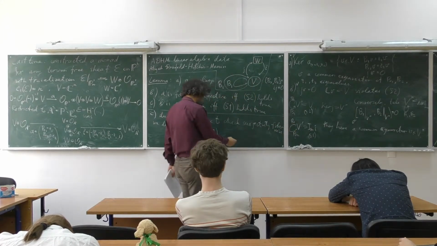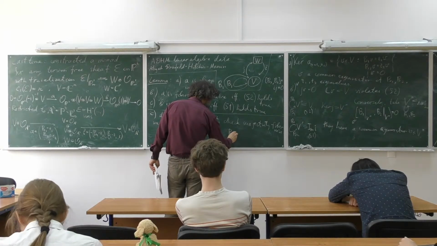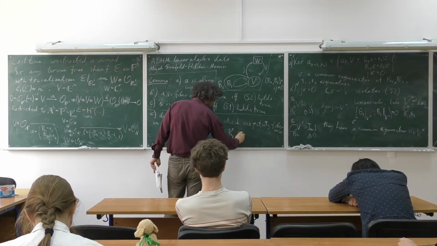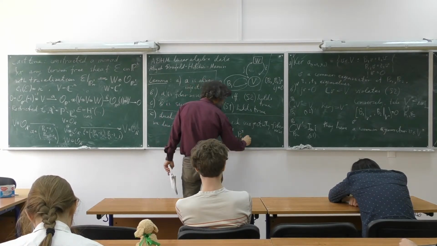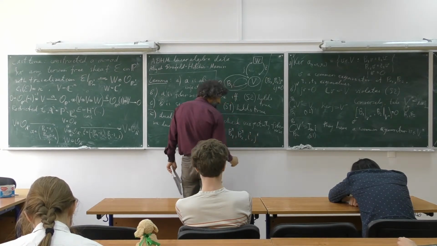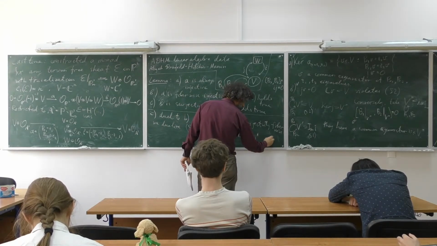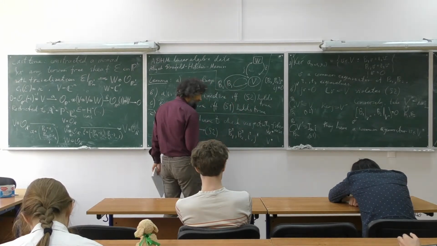If you take B1 transposed, B2 transposed, I transposed, J transposed, and here you will have W dual, and here you will have V dual.